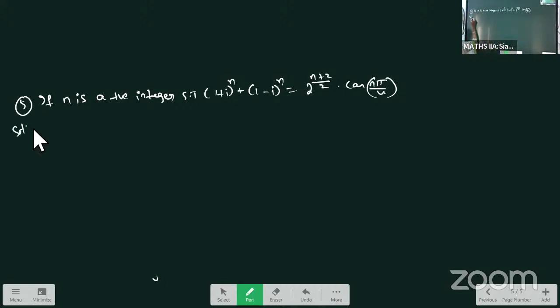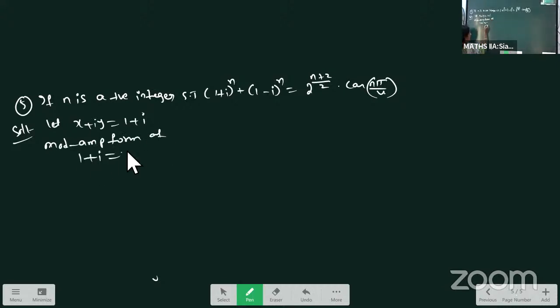Solution. First, let x plus iy be equal to 1 plus i. Now, write the mod amplitude form. The mod amplitude form of 1 plus i is r into cos theta plus i sin theta. So what is r?